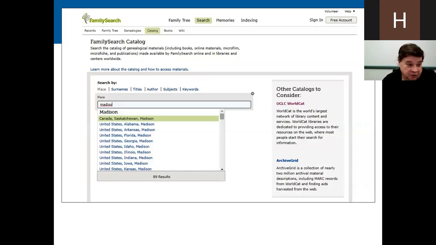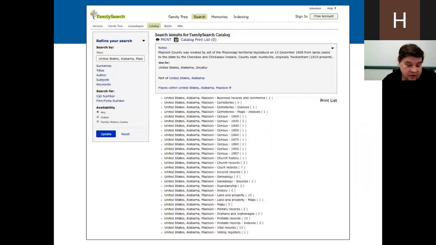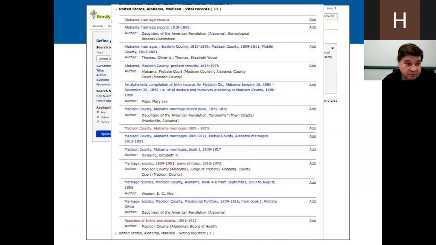And I'm going to search for a place, Madison County, Alabama. And these are all the records that they've got available from that county. And I'm going to go way down to the bottom and look at the vital records. Vital records are births, marriages, and deaths. This is all the vital records from that county. And I'm going to look at this, marriage records 1809 to 1951.